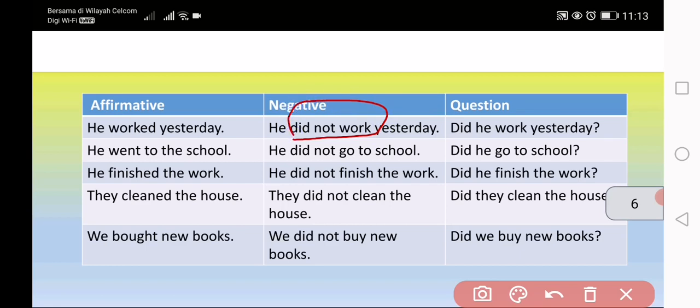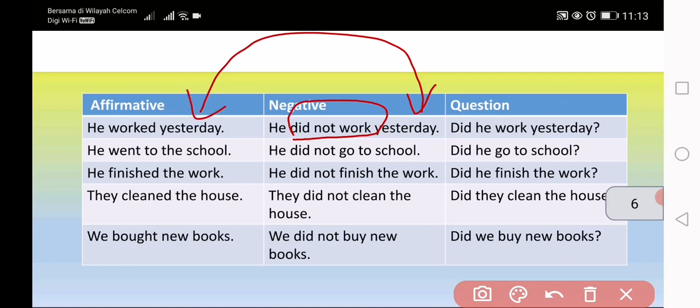Dia tidak bekerja semalam. Maknanya dia tak terlibat lah. Okay, if you notice here, these two sentences, they are in simple past tense, isn't it? Because of the word yesterday. Dua-dua ni past tense. But yesterday, dia dah berlaku lah.